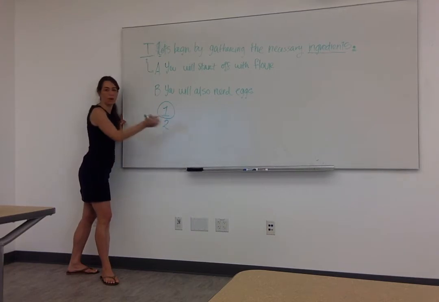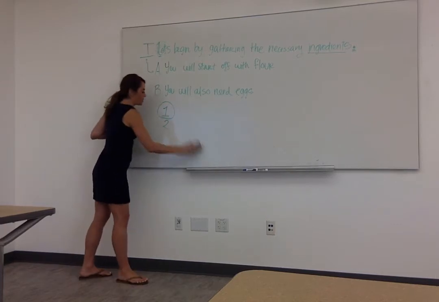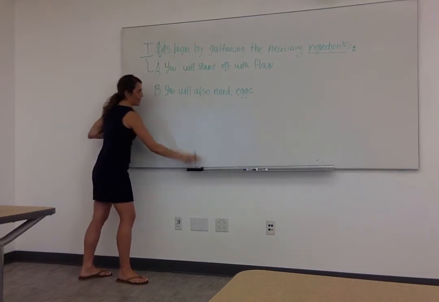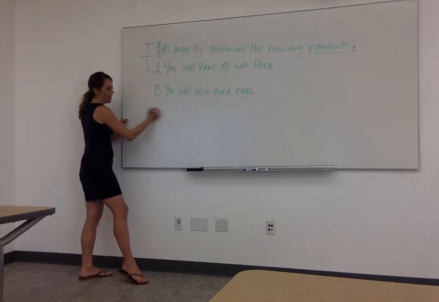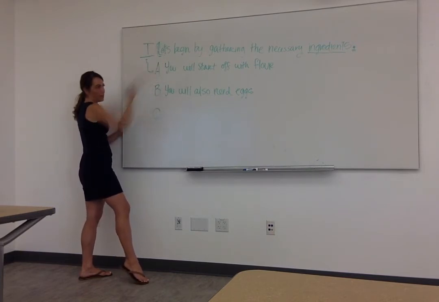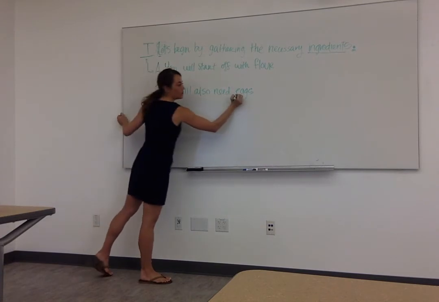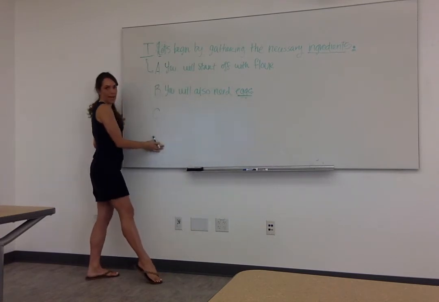I would only use a 1 if I was supporting the eggs, the point before it, right? That's what these symbols do. If they indent, if they follow along the same line, it's representative of the ingredients. I would only use a 1 if I was supporting those eggs.